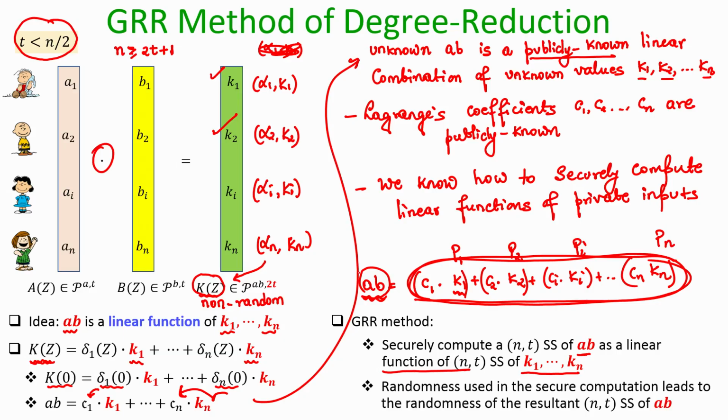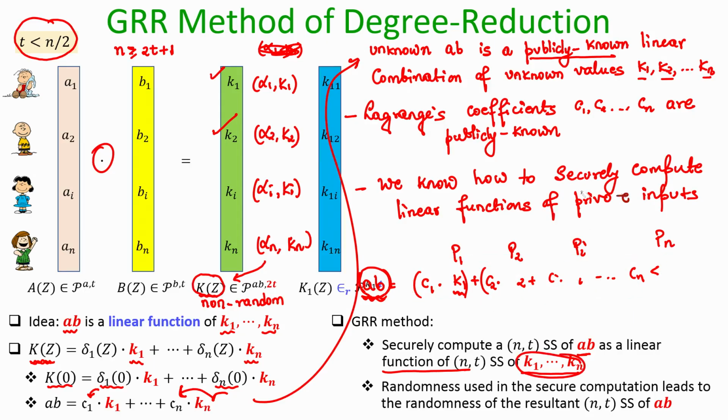And why will it be ensured that the final shares of AB, which are computed as a linear function of secret sharing of k1, k2, ki, kn, will be a random vector of shares? Because that will be triggered by the randomness which is used to securely compute this linear function.